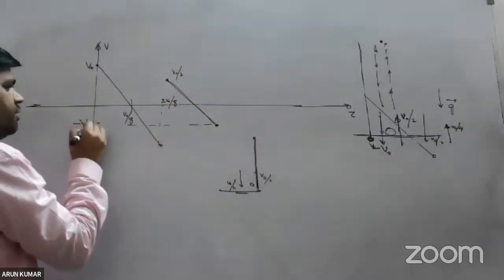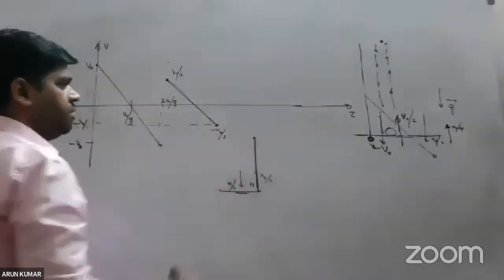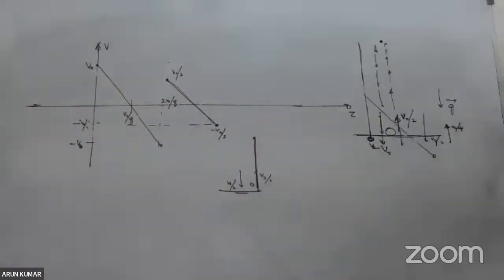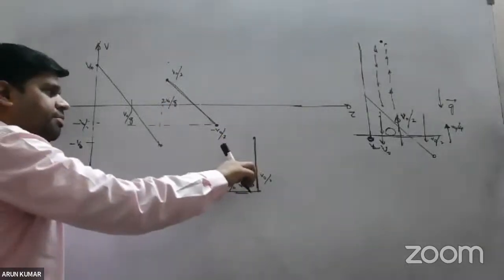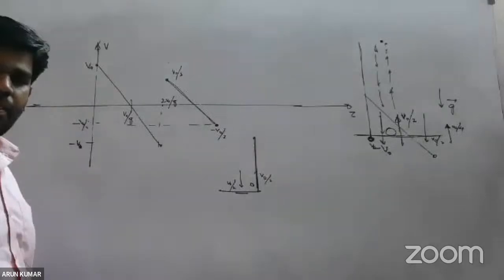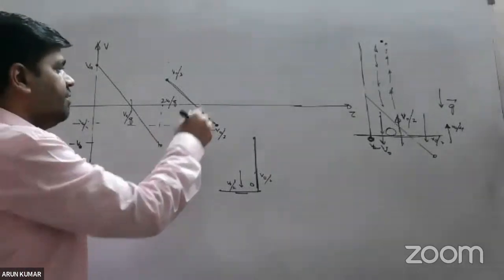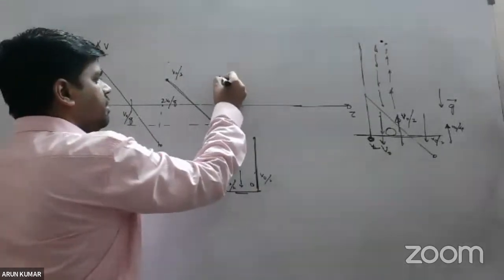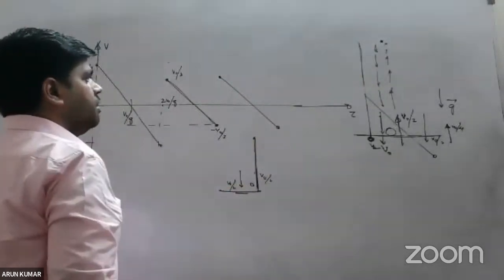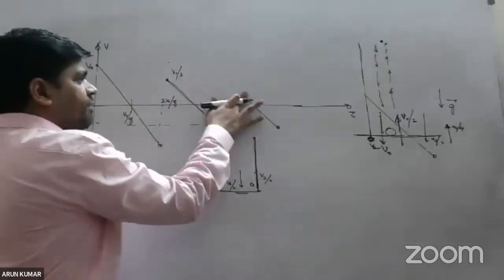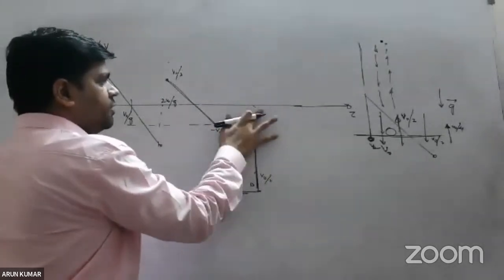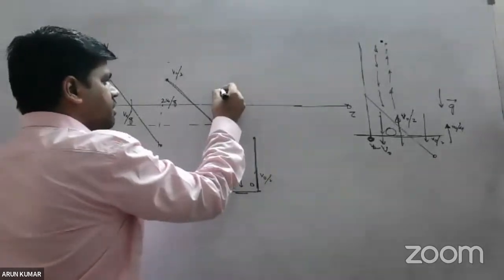You agree, it does not reach minus v0, it stops at a dot. When I hit it now at the second bounce, where will it go? Not to v0, it will go to v0 by 4.